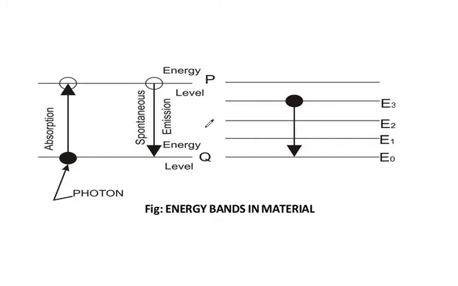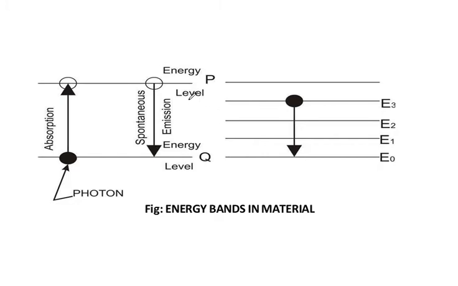And the most interesting thing is that instead of coming back to its ground state immediately, it stays at the elevated energy state for micro to millisecond. And sometimes in a material, if more electrons can be somehow pumped to the higher metastable energy state as compared to the number of atoms at ground state, then it is called population inversion.